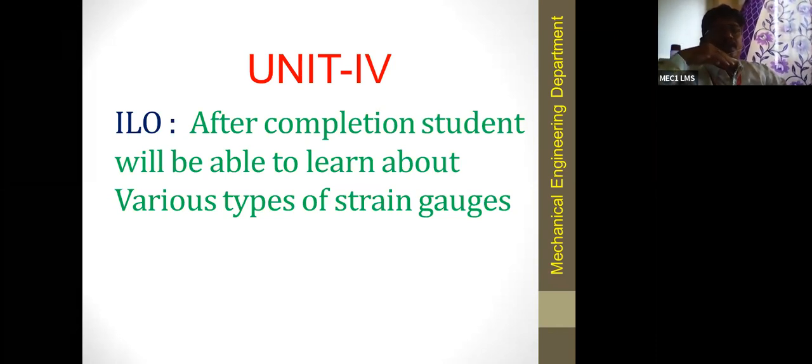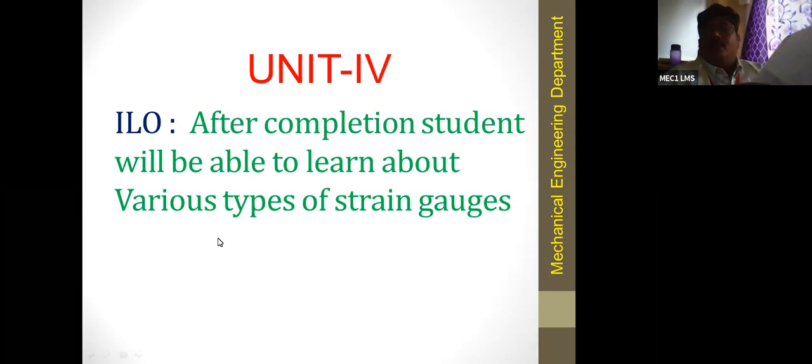Last class we discussed that and derived the gauge factor. Another word for gauge factor is gauge sensitivity factor. So the gauge factor is dR by R divided by dL by L, correct?